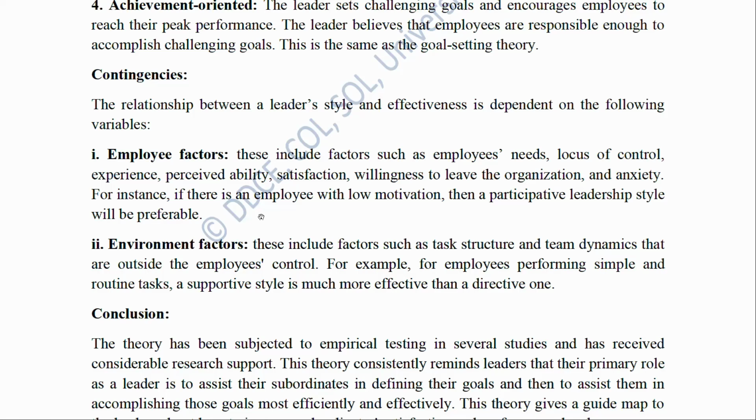For instance, if there is an employee with low motivation, then a participative leadership style will be preferred. Second, environment factors. These include factors such as task structure and team dynamics that are outside the employee's control. For example, for employees performing simple and routine tasks, a supportive style is much more effective than a directive one.